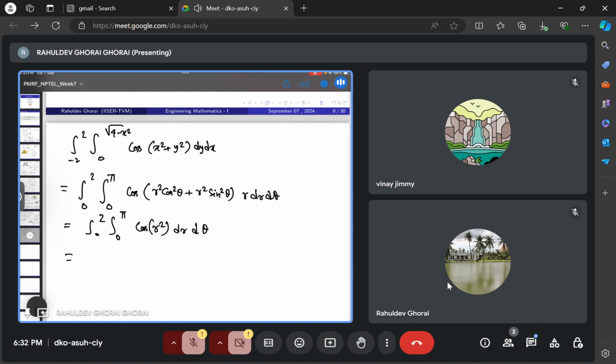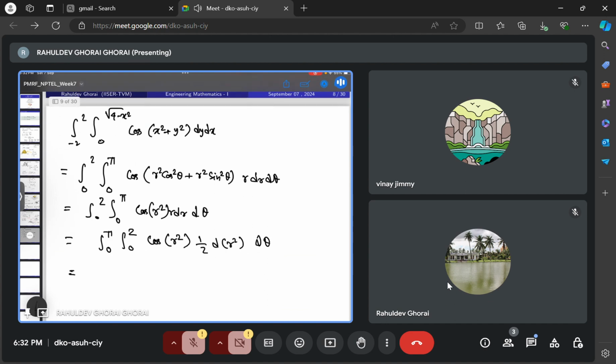Those are constant limits, a kind of rectangular integral, so you can commute them: 0 to pi, 0 to 2, cos of r square. I was missing one r, so cos of r square times r dr, and r dr is equal to half d of r square, so you can write it like this.